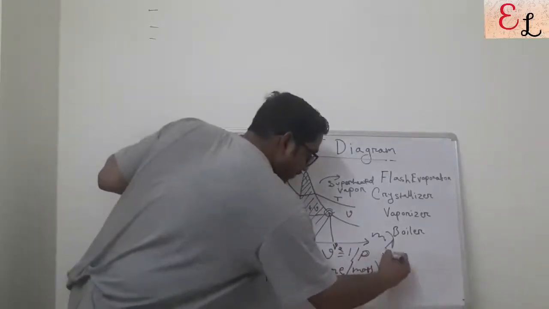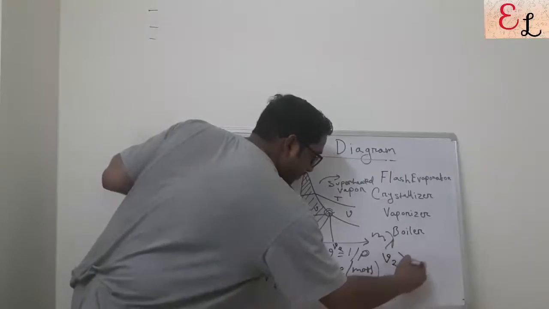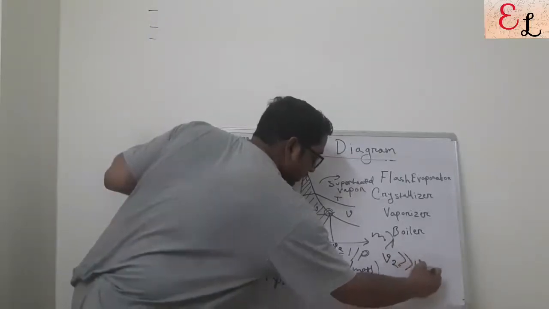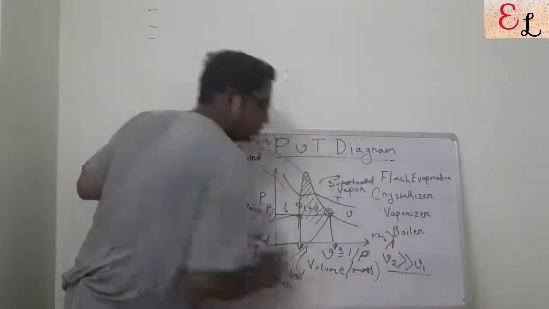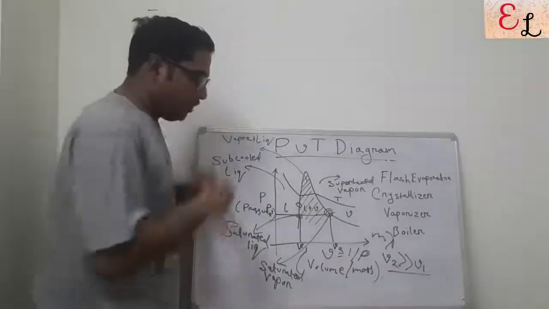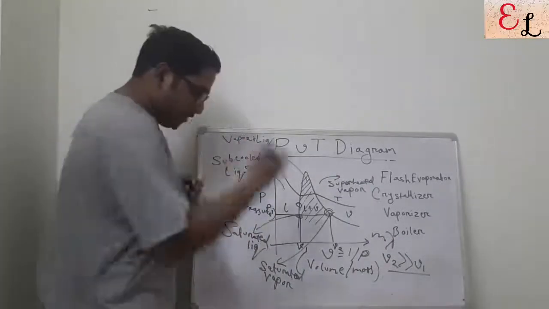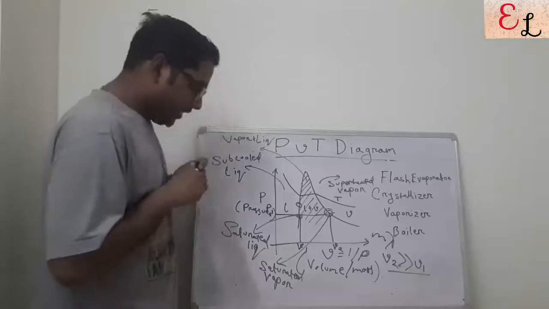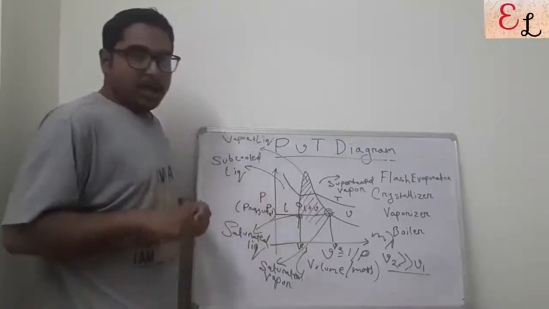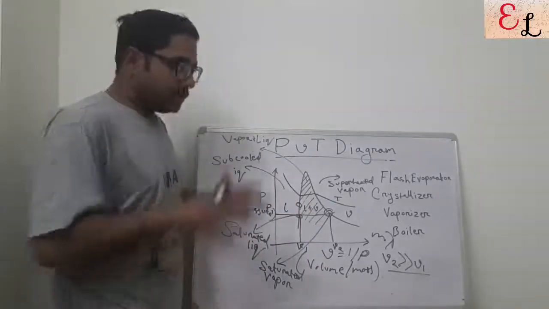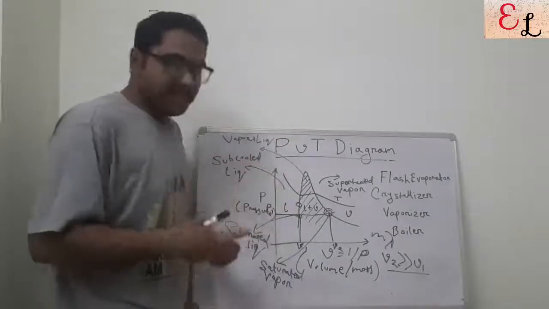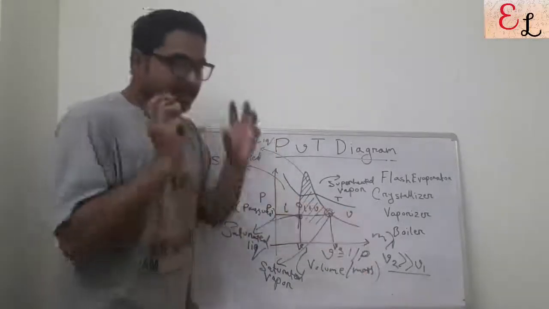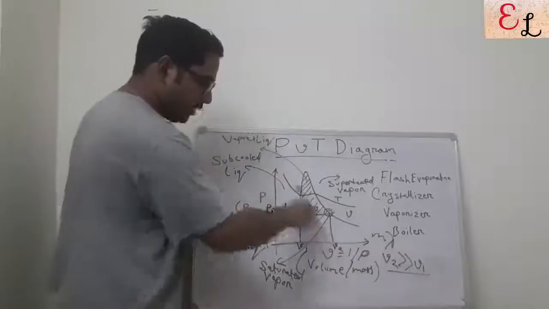The vapor volume will be much greater than the liquid volume, as we can clearly see from the picture. Depending on the mass, obviously, but definitely the vapor volume will be higher than the liquid volume.